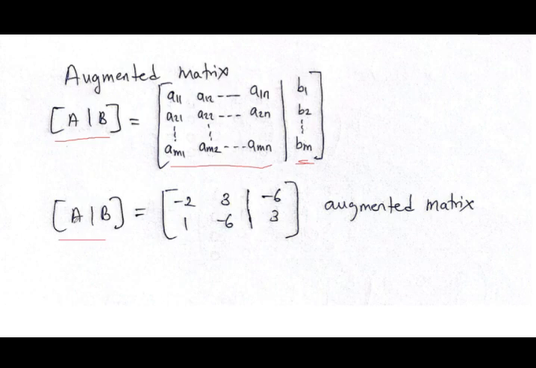So for example, A augmented with B. You have this coefficient matrix, and the right-hand side values are minus 6 and 3.